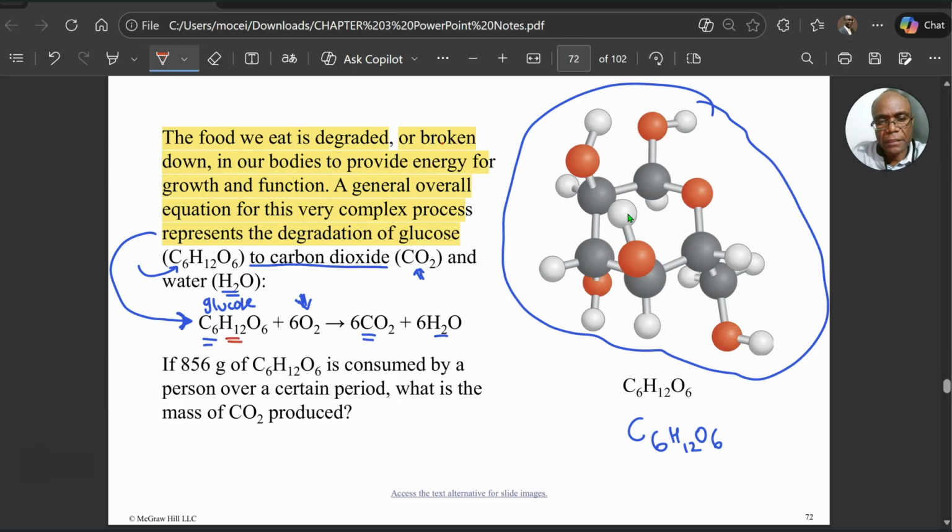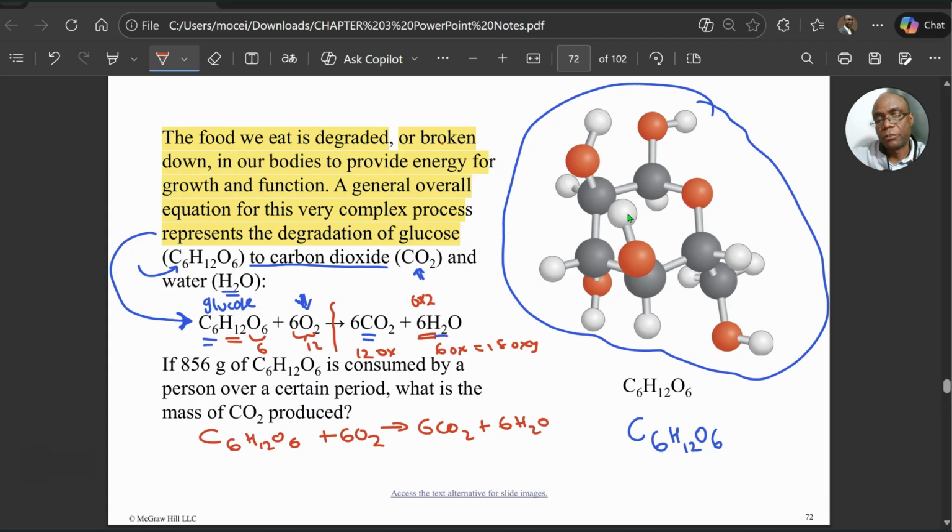I have 12 hydrogens on the left. I have 12 hydrogens on the right. Here I have 12 oxygens plus 6 oxygens gives me 18 oxygens. Here I have 12 oxygens added to the 6 oxygens gives me 18. Everything is balanced. So the equation is C6H12O6 plus 6O2 to give you 6 CO2 plus 6 H2O. You always have to inspect and make sure it's balanced.